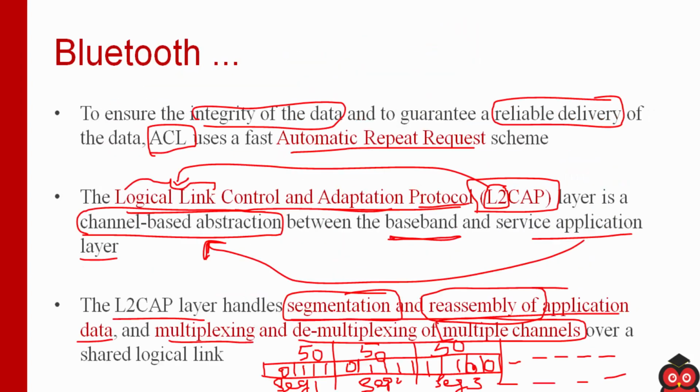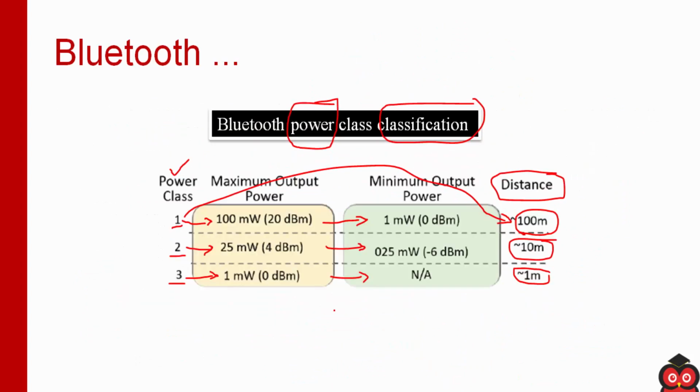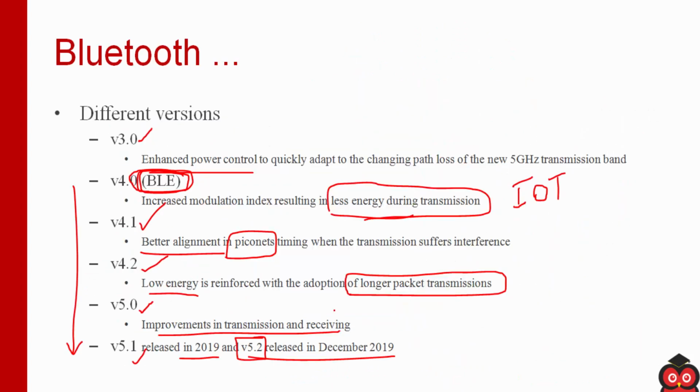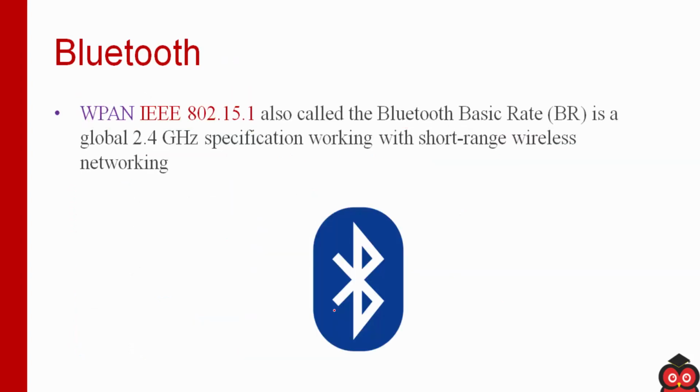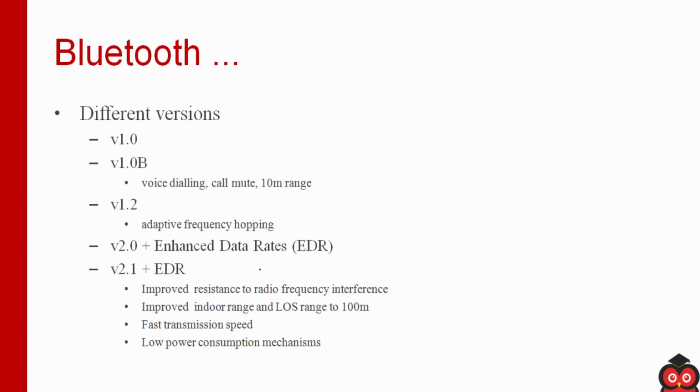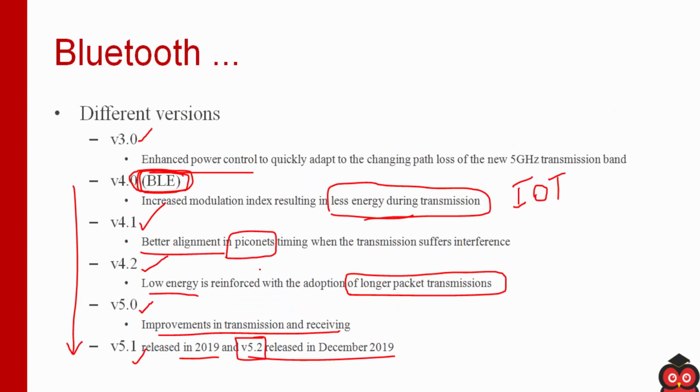Okay, so let's review the things we have seen today. We started with the IEEE standard 802.15.1, and I also told you that it's a personal area network, a wireless technology which has very short range, and there are different versions.